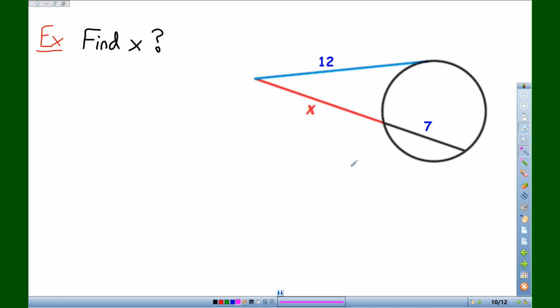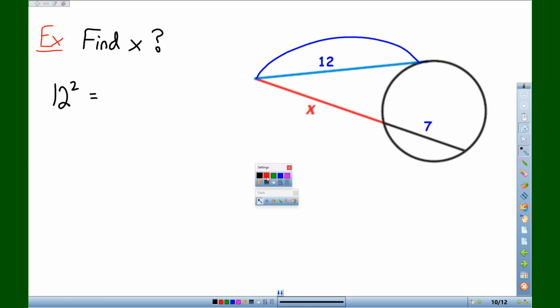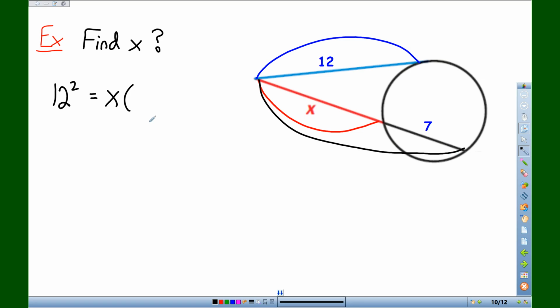All right. Whether or not I alluded to this being a little bit different, we can set this up the same way we've been doing it, right? We have our tangent line, so we're going to start by squaring that. So 12 squared. Okay. And then that's equal to our outer segment of our secant line, x, times the entire line, x plus 7.